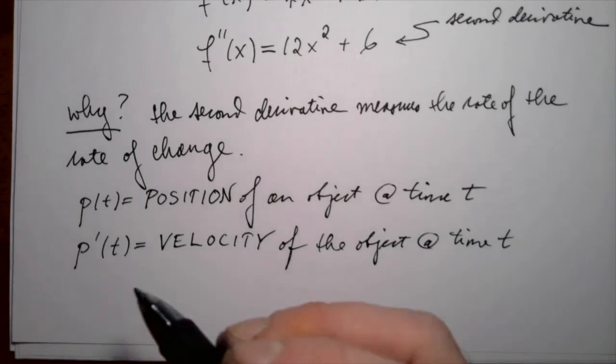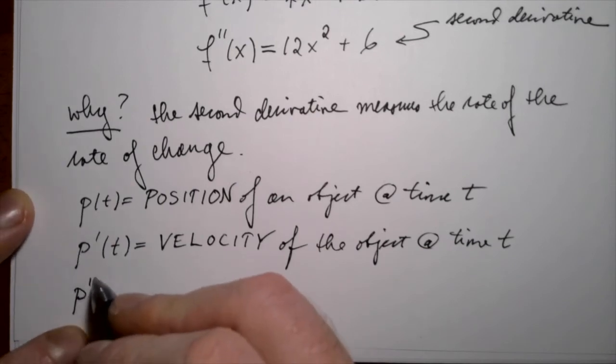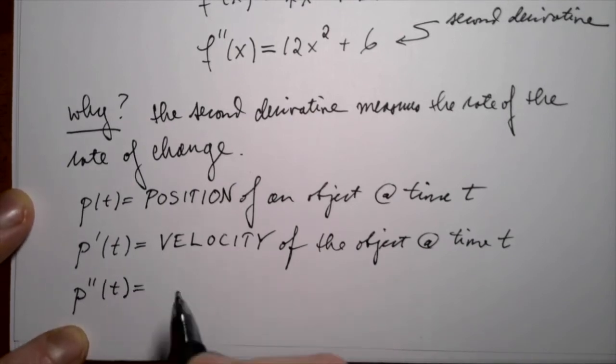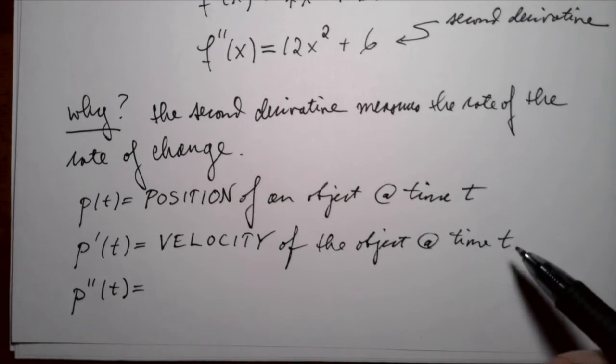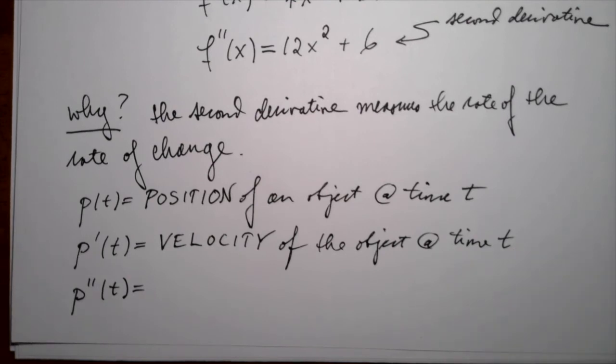And now, what happens if we take the derivative again to get the second derivative? Well, that's measuring how much the velocity is changing, right? And think about it. If you're driving in your car, you're going 40 miles an hour, and you want to go from 40 miles an hour to 60 miles per hour, you've got to step on the accelerator.